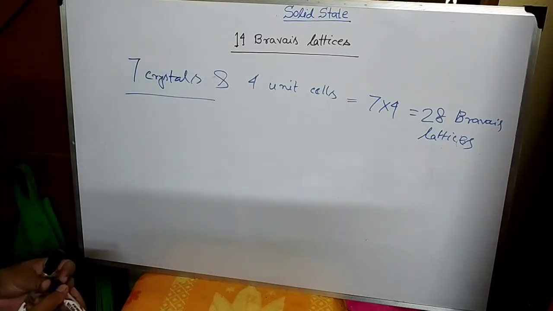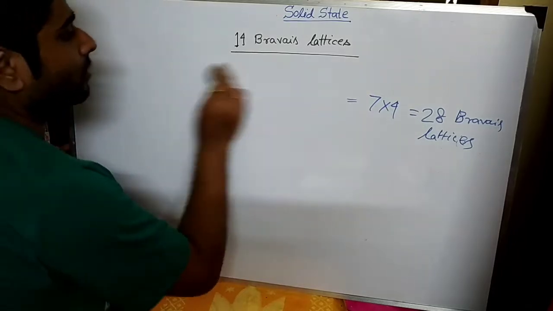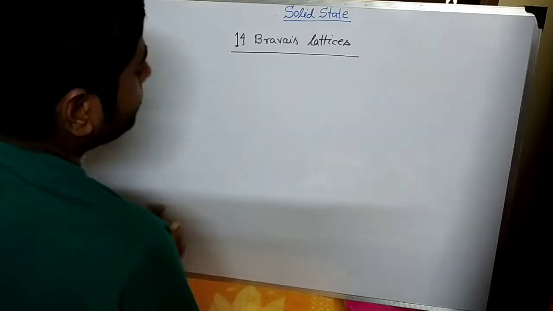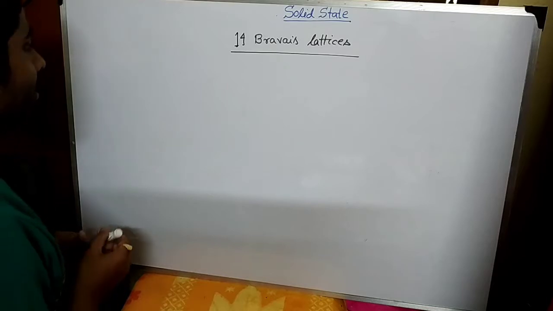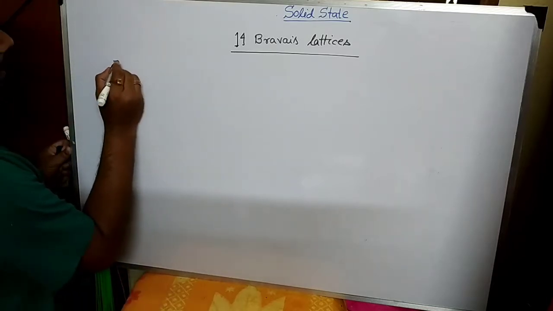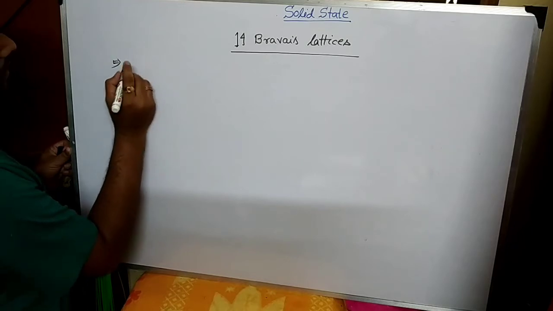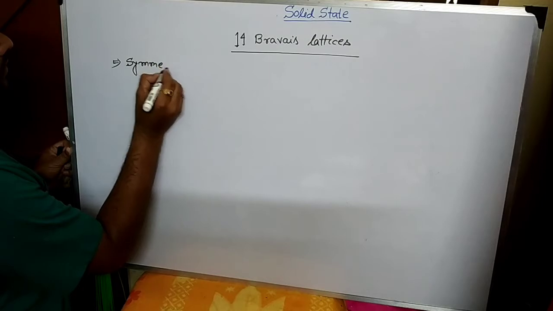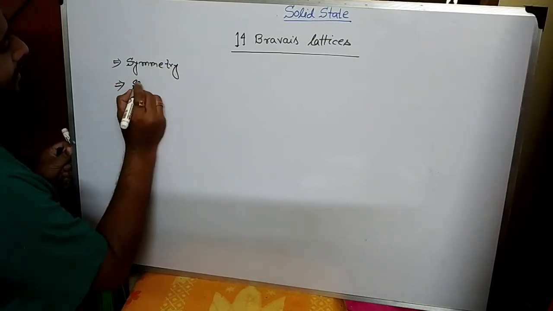Why are we getting this 14? Because during this tabulation or classification of the crystal systems, the scientist Auguste Bravais first applied 2 restrictions on them. Restriction 1 is symmetry and restriction 2 is size.